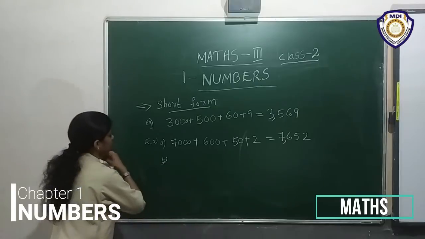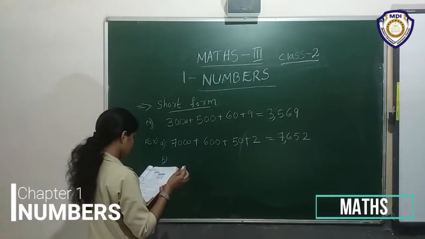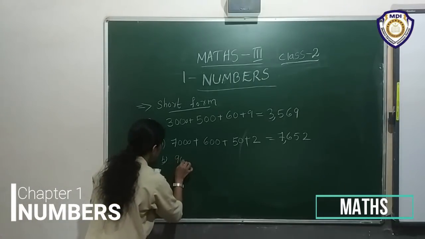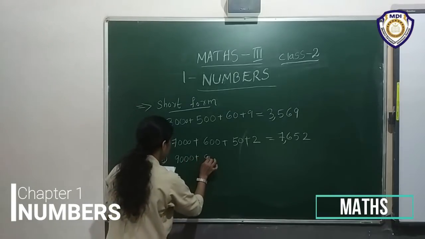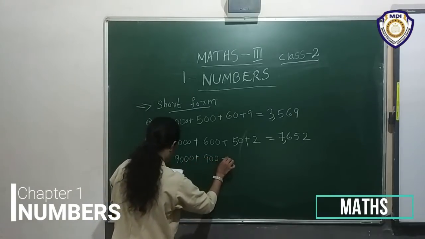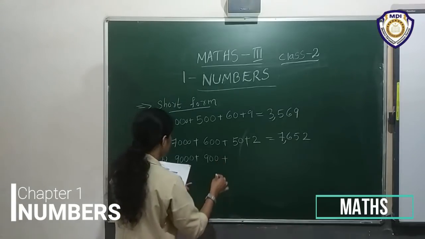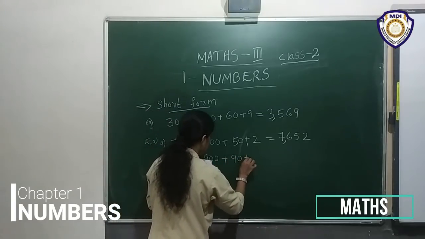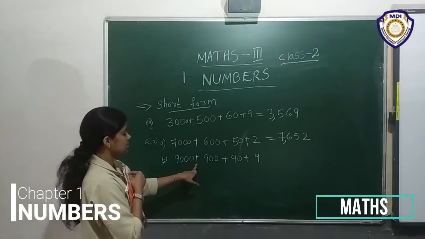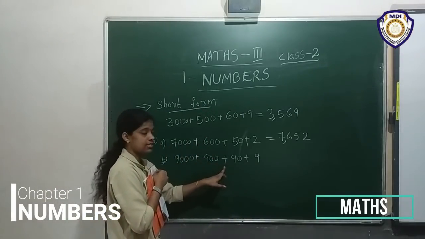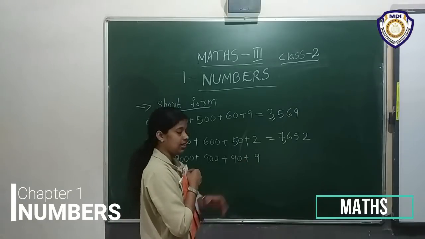An example. 9,000 plus 900 plus 90 plus 9. Listen here.